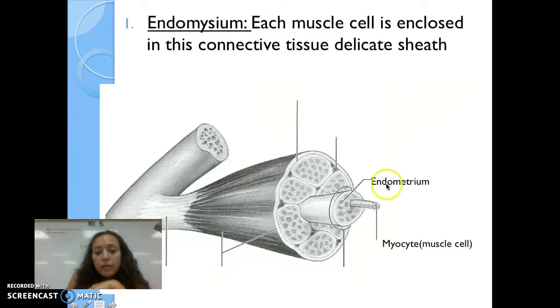You have a diagram, and I labeled the myocyte for you, so label that, and the endomysium. So you can see like a white outside of it. This is your cell, and on the outside of your cell, you have a connective tissue called endomysium.